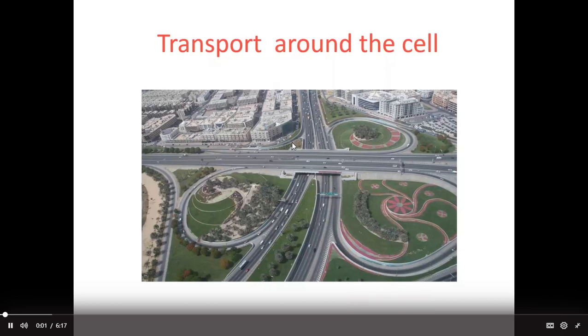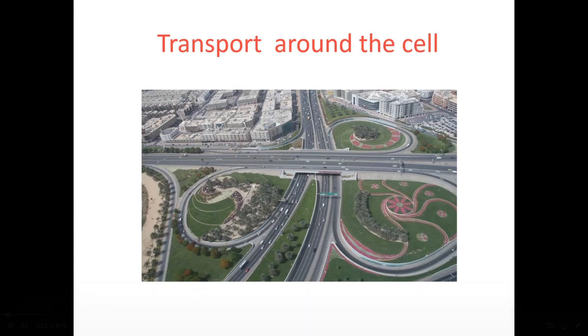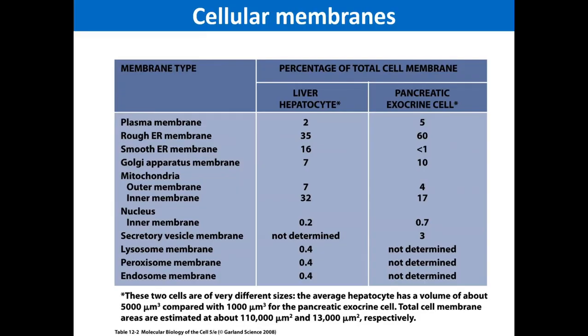And this leads us on discussing the transport around the cell. So, as you know, there are different kinds of cellular membranes. You have the plasma membrane, the rough ER, the smooth endoplasmic reticulum, the Golgi apparatus, mitochondria, the nucleus, secretory vesicles, lysosomes, peroxisomes, endosomes, and whatnot.